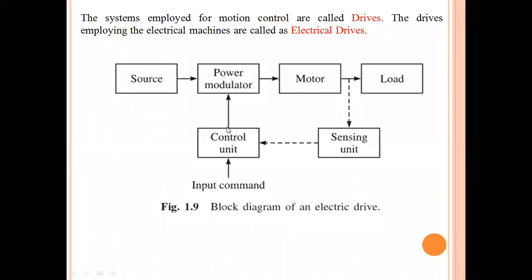If we increase the pulse width from 25% to 50%, then the power modulator will operate for 50% of the region. If the pulse width is around 75%, then it will operate up to the 75% region. If the pulse width is more, then the operating range of this power modulator is more.